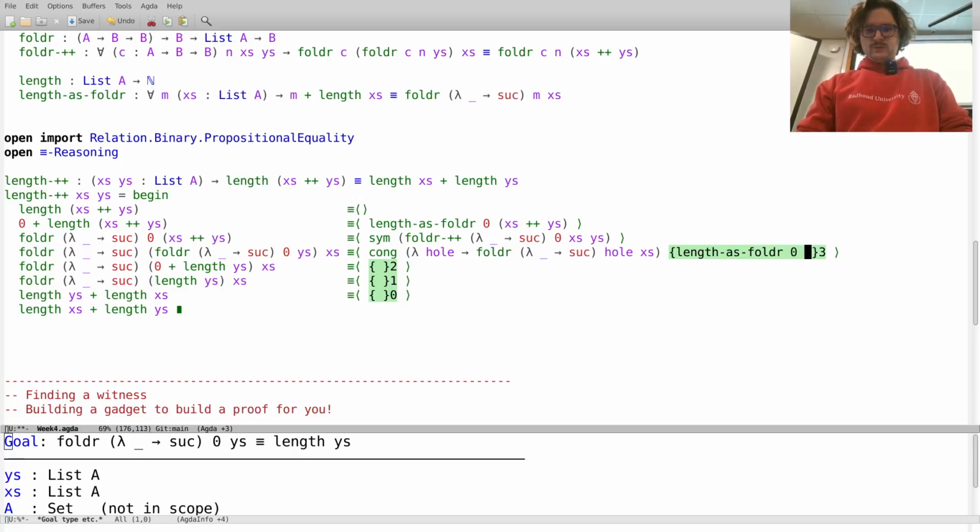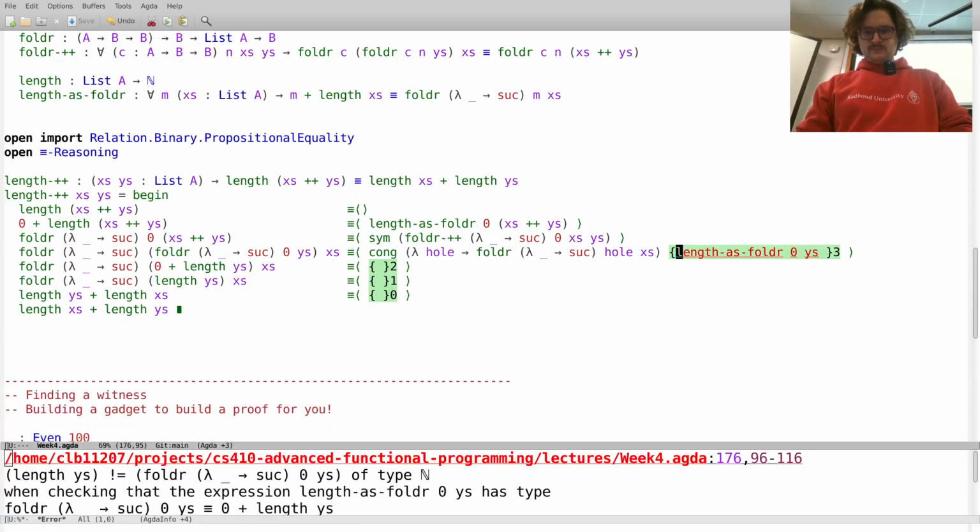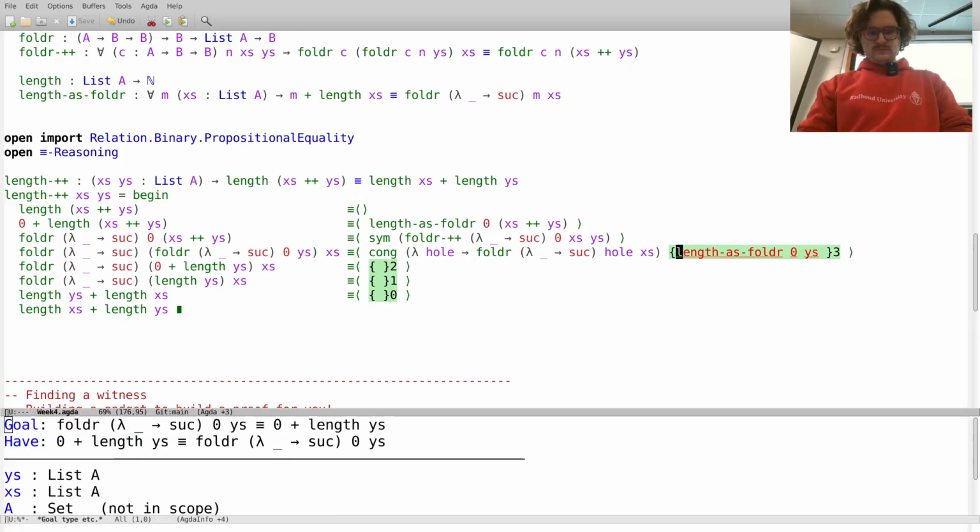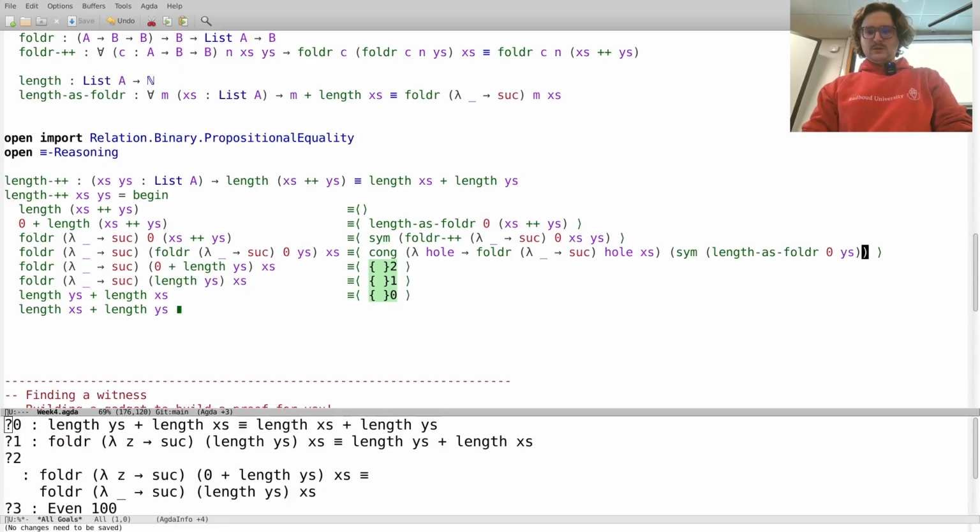0, y's. If it doesn't type check, I just compare the two. And again, it's just backwards, so I can just use symmetry to fix up the error.